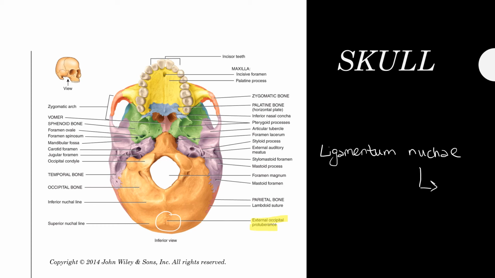And the word nuchae actually means nape of the neck. And this is the ligament that attaches from the external occipital protuberance to the 7th cervical vertebrae, or C7. And this helps to support the head.